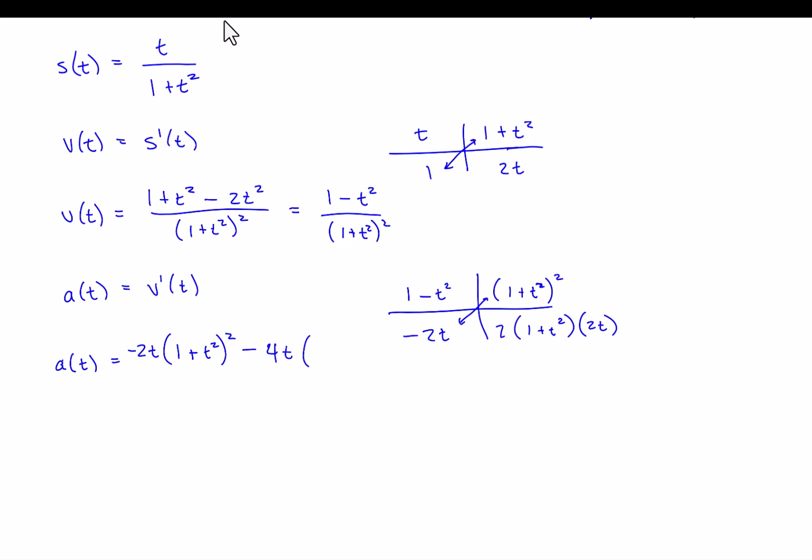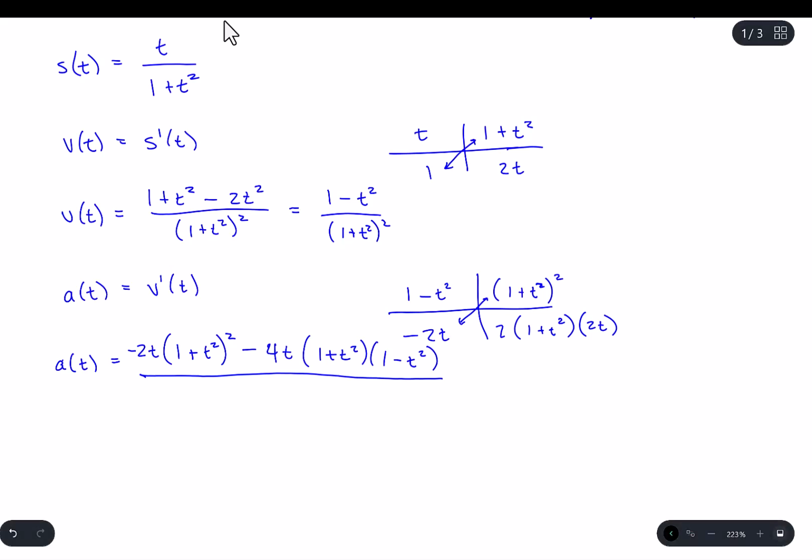Okay. Then let's see, do I have the rest right? So minus 4t, and then it's 1 plus t squared times 1 minus t squared. All right, and then all of that is over the original denominator, which was 1 plus t squared, quantity squared, and it's now going to be 1 plus t squared to the fourth.